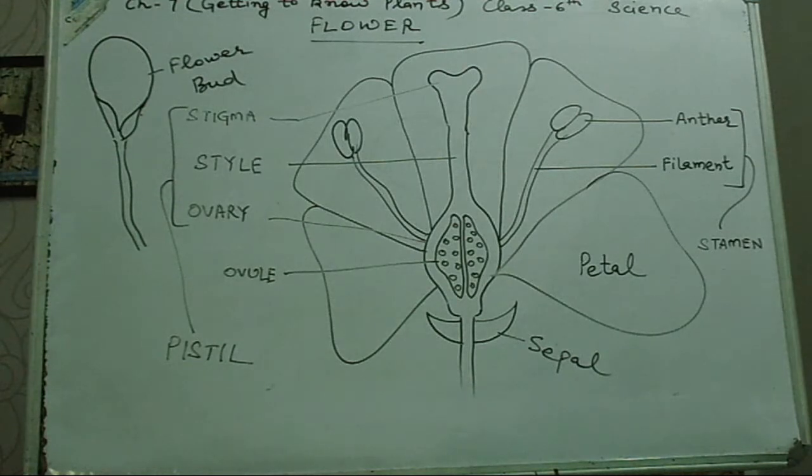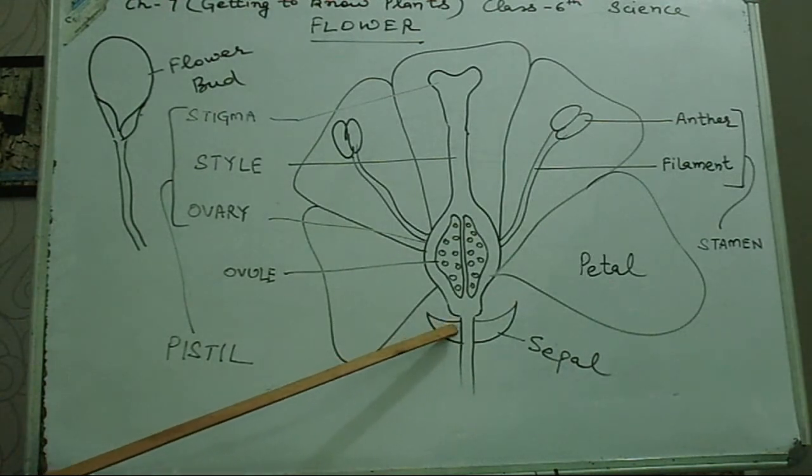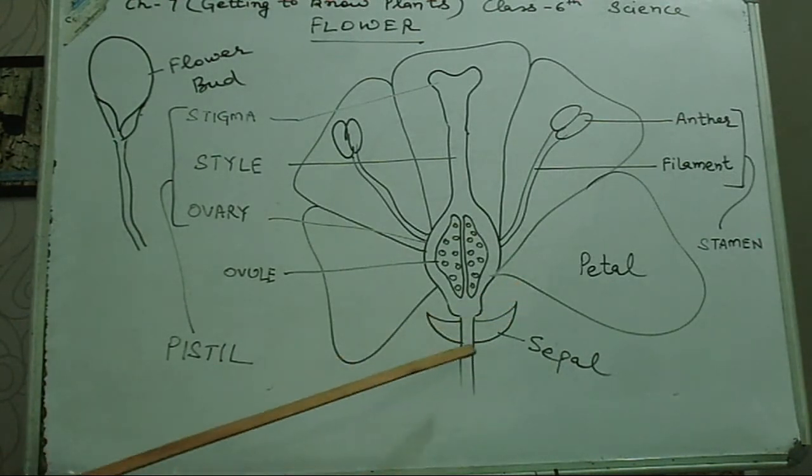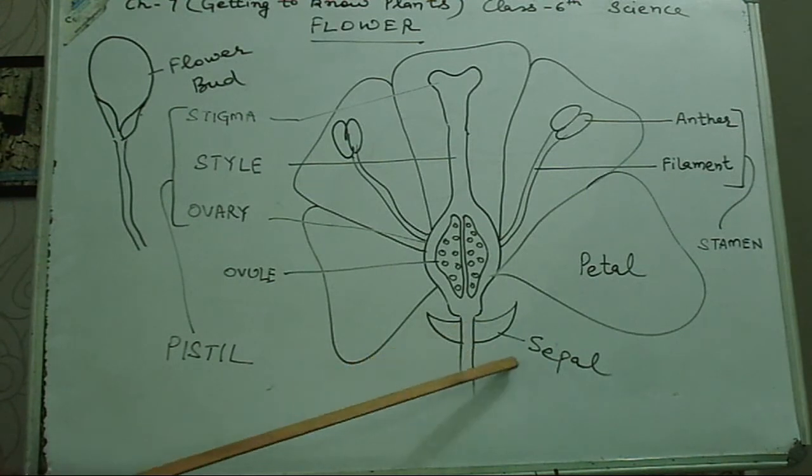A flower contains so many structures. This part of the flower is connected with the stem or branch, and the green leaf-like structures at the base of the flower are called sepals, and sepals provide protection to the flower.